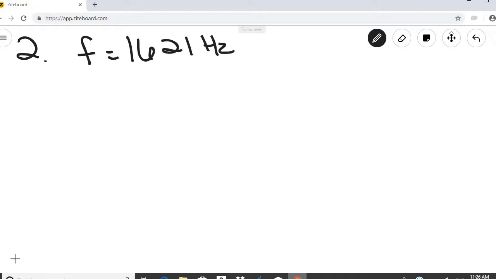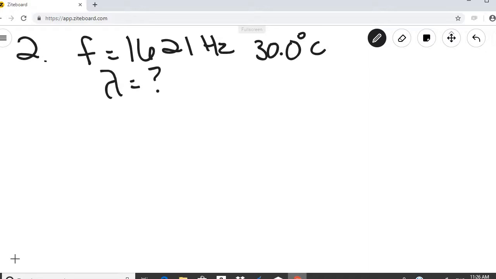Let's go ahead and move on to number 2. So number 2 says the frequency of a sound is 1,621 hertz, and the temperature is 30.0 degrees C. What is the wavelength?